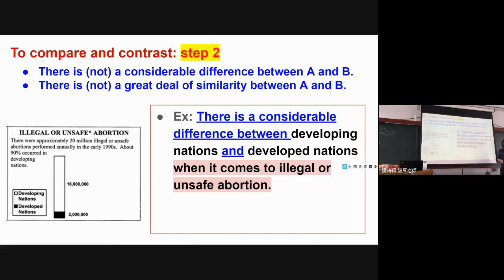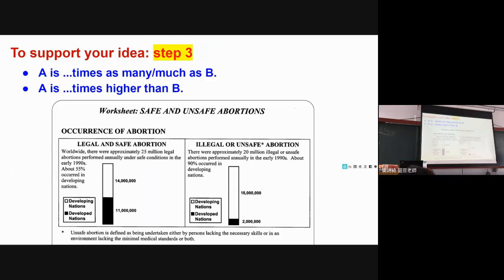However, if you want to support your idea, there is one more thing. Ladies and gentlemen, let's move on to the third one. Not only making compare and contrast, you also want to support your idea. And this is the challenge for you now. We have learned 'A is how many times as many as B.' We were talking about a major difference or major similarity, but we want to compare the numbers.